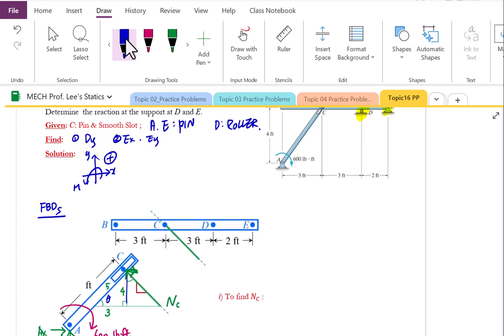In this right triangle, theta is here, and therefore this angle in this blue right triangle must be 90 minus theta. But we actually do know this angle must be a right angle because N of C is acting perpendicular to the slot surface. So therefore this must be a right angle.